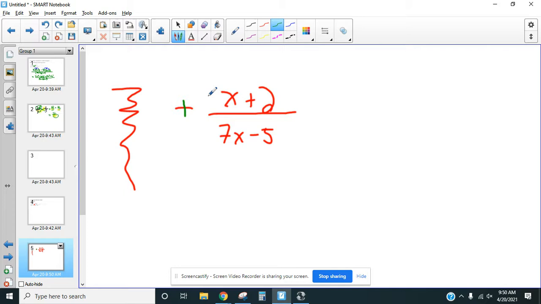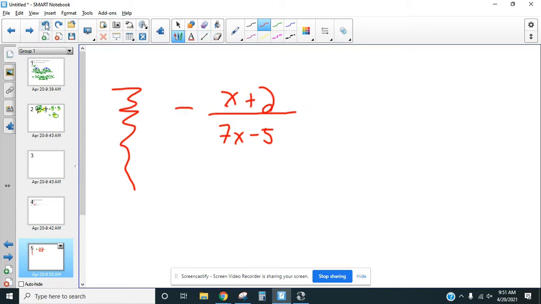What do we got to change? Yeah, both of them. So we would change it into that. The negative would affect everything after it. Deal?